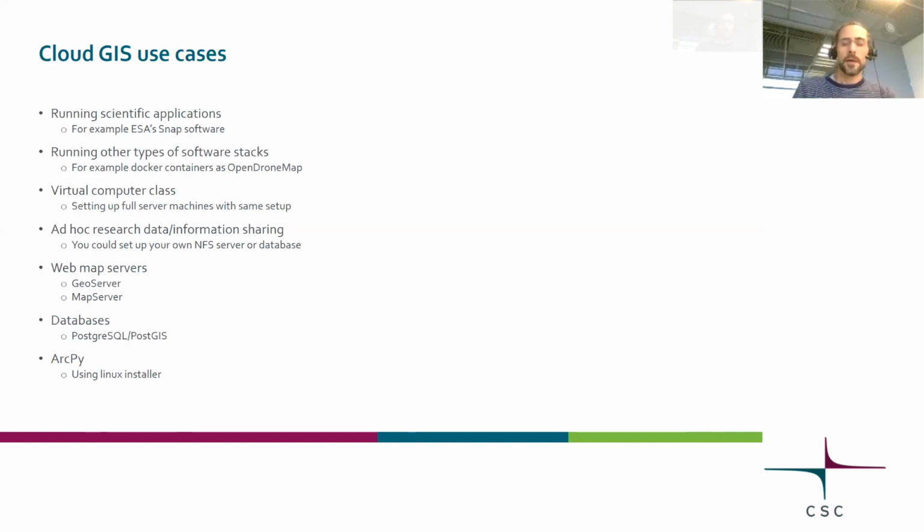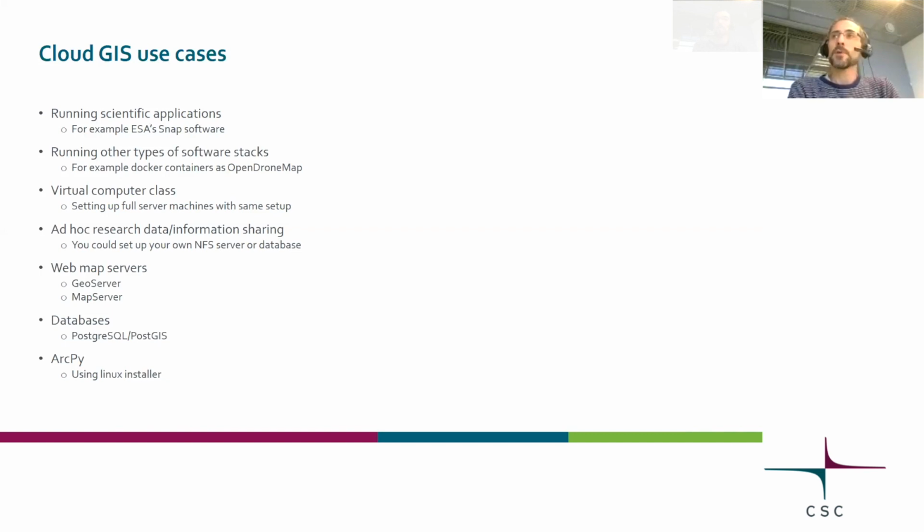And for example, running Docker containers is not possible in our supercomputer environment. So we have been testing and running them in our virtual machines, or even in Rahti's platform.